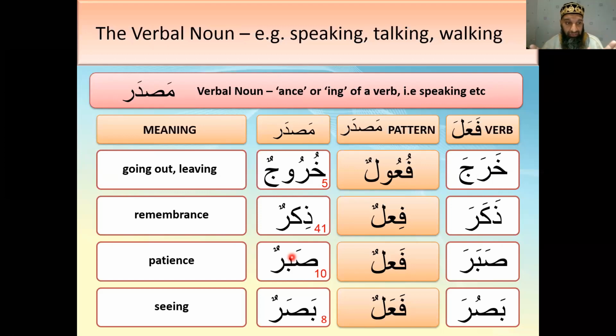That's another pattern. It's not the one we're doing. We're doing fa'ilun, so sabara will become sabirun. Sabir. You got people called sabir. What does that mean? It means the one who is doing sabara. So it means patient one. Yeah, al-basir. That's different. We're not going to cover that.